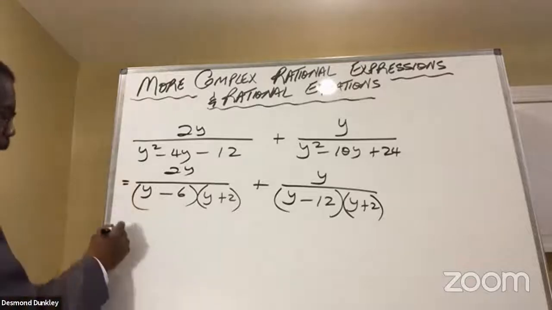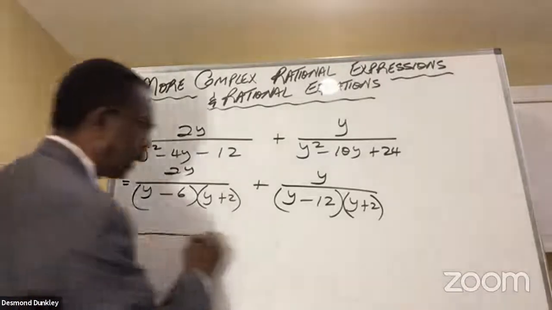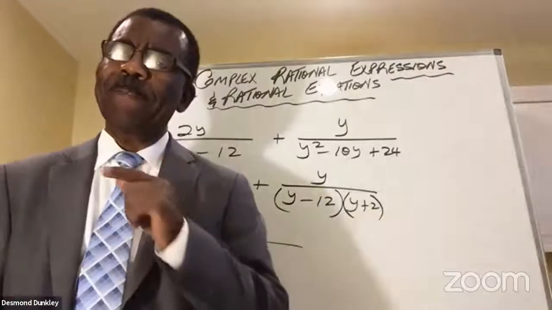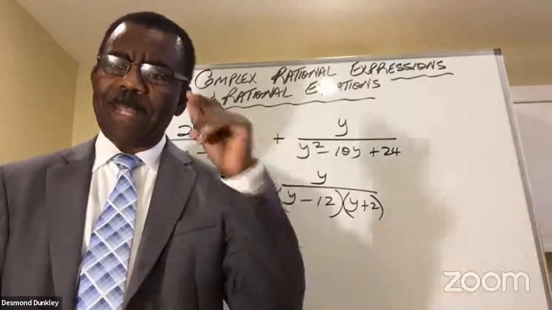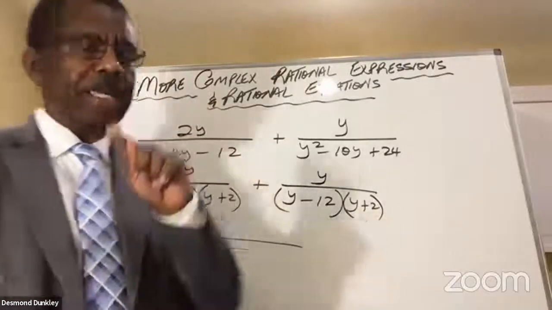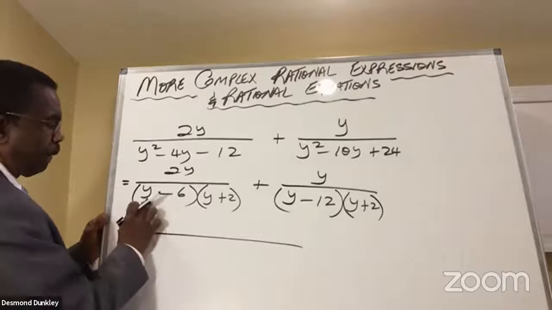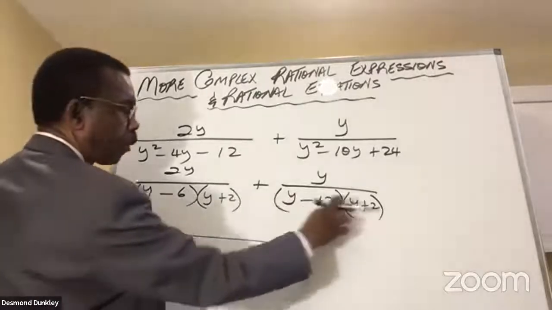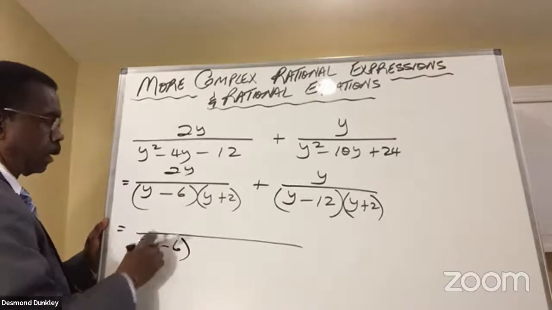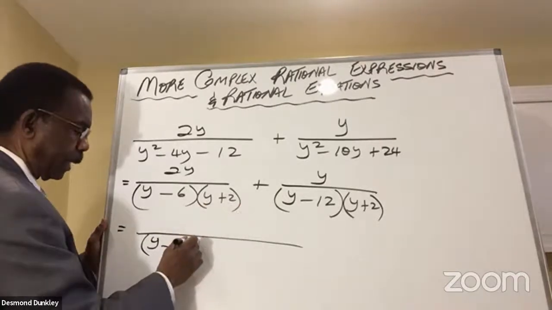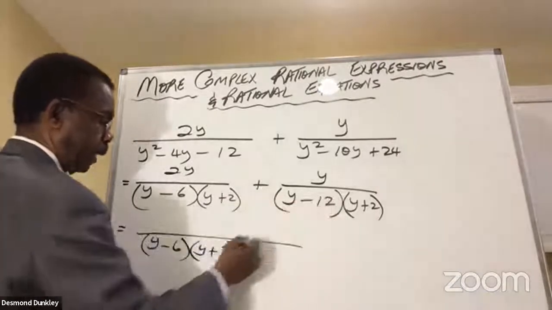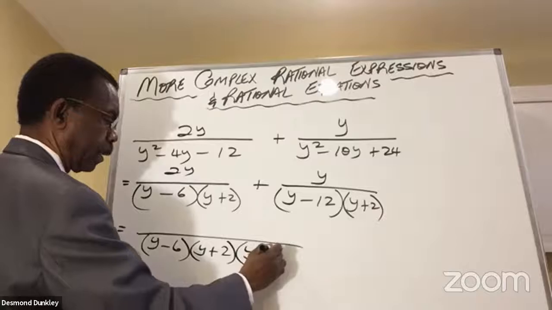Okay? So what is the common denominator? What I said previously is that every factor in your denominator must be a part of the common denominator. So y minus 6 has to be represented. y plus 2 has to be represented. And y minus 12 has to be represented.